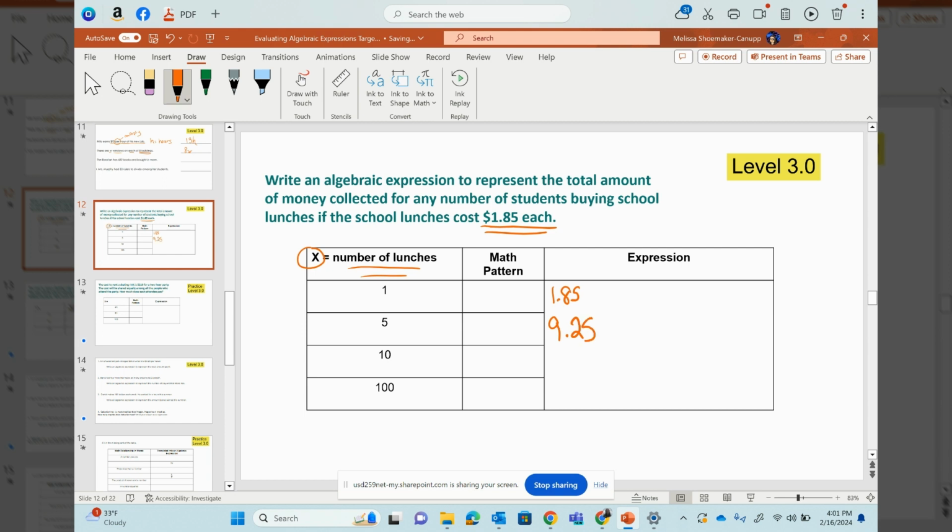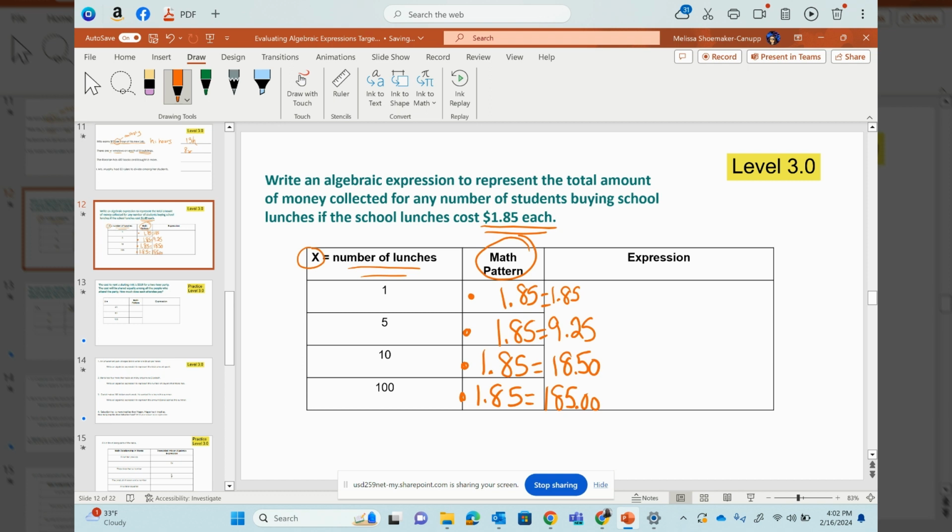But I'm looking for the math pattern. Don't we multiply times $1.85 to get those answers? So if I multiply 10 by $1.85, I know that's going to be $18.50. If I multiply it by $1.85 for 100, that's going to be $185.